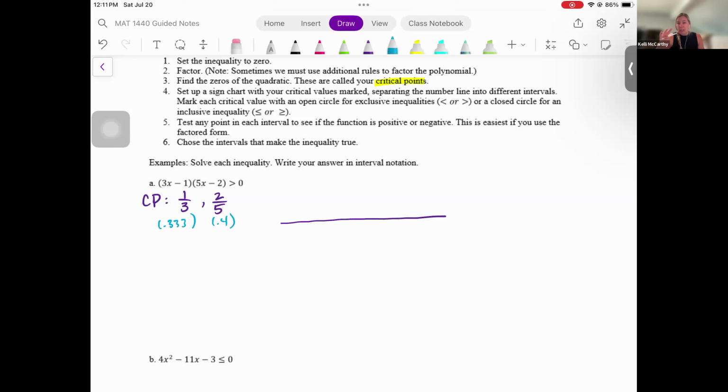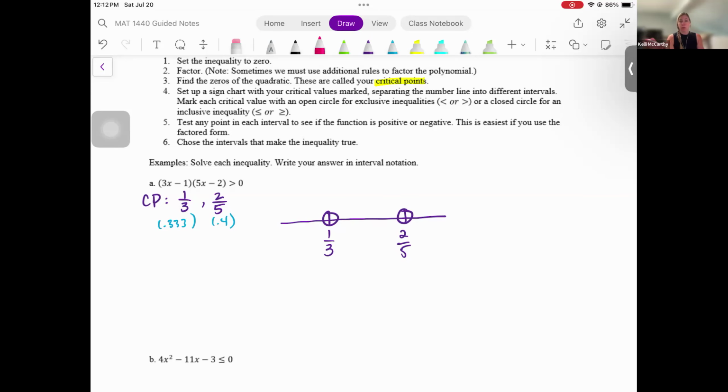And that might just help you in terms of placing them on your number line and also identifying values in each interval. So we've got 1/3 is less than 2/5, so we want to make sure it's to the left of 2/5. Because we have an exclusive inequality here, strictly greater than 0, we're going to have open circles on both of those critical points.